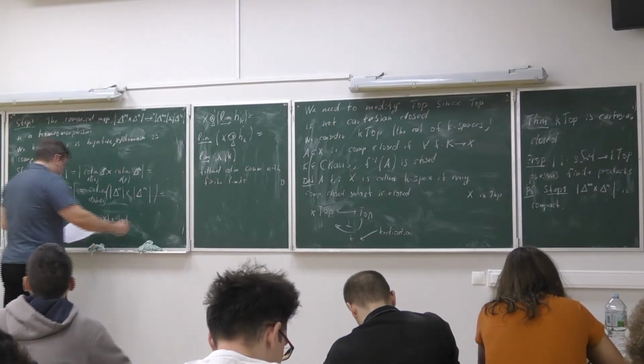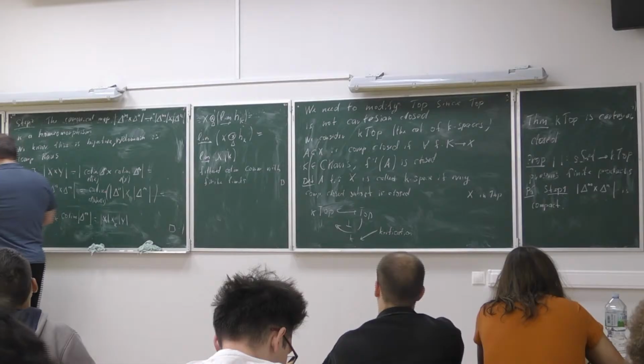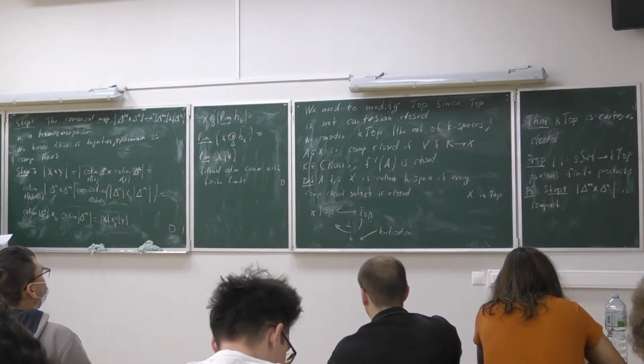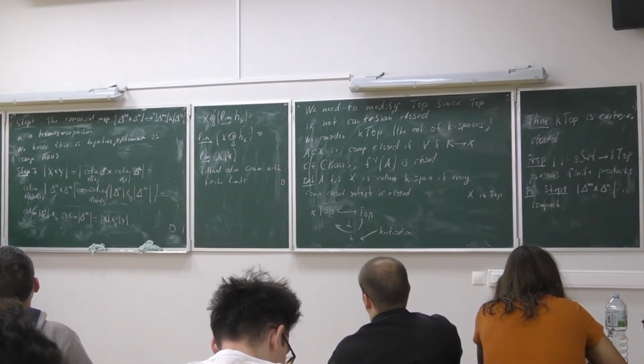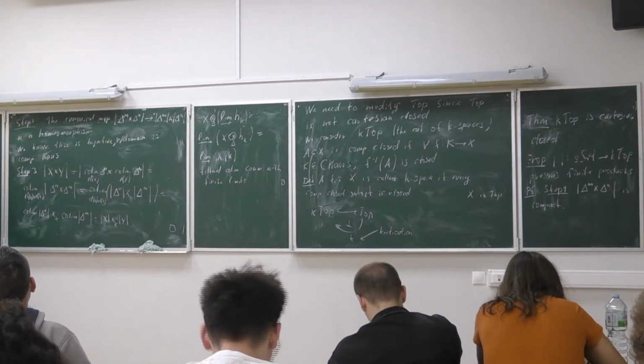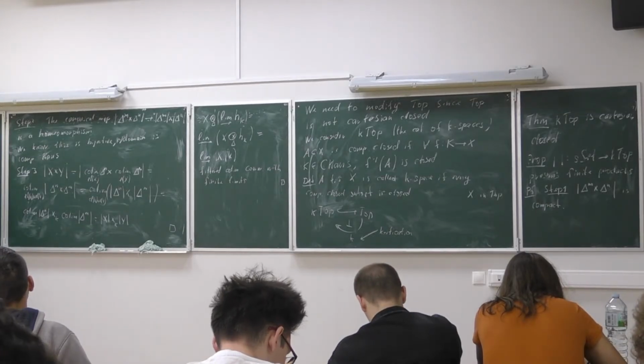So this is the proof that you can commute geometric realization with finite products. As you can see, this is not an automatic property that follows from category theory. You need to do some computation.